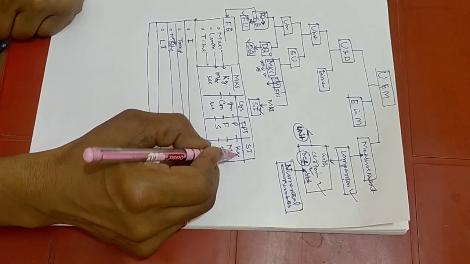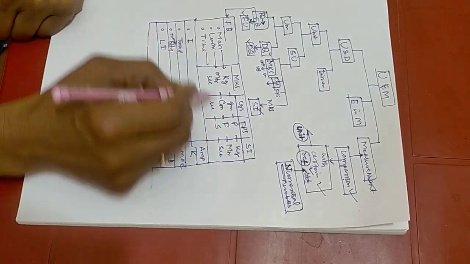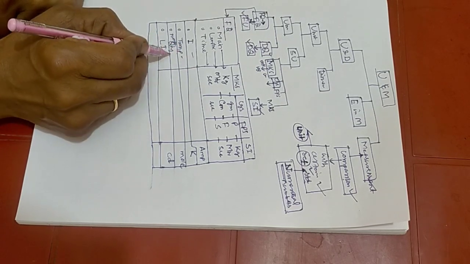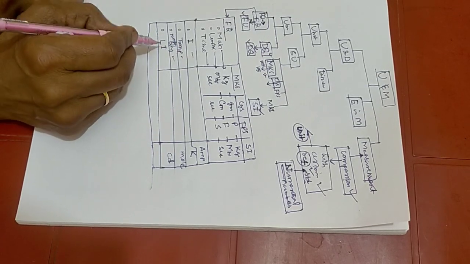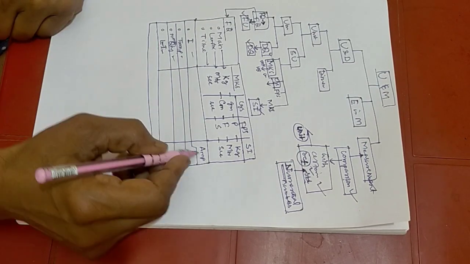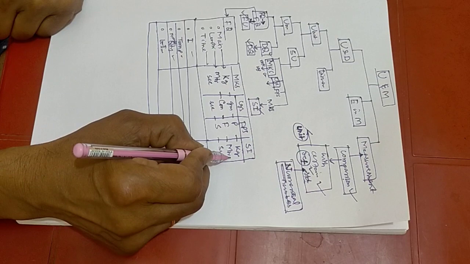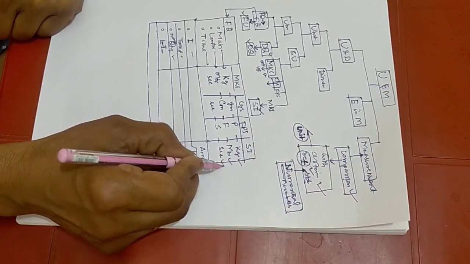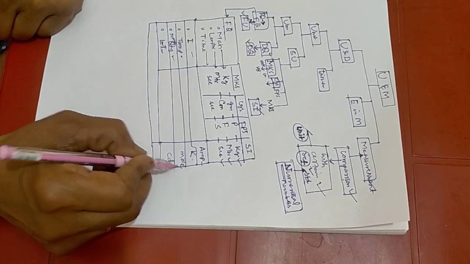These are mass, length, time, electric current, temperature, number of moles, luminous intensity. The units become meter, kilogram, second, ampere, Kelvin, mole, and candela.